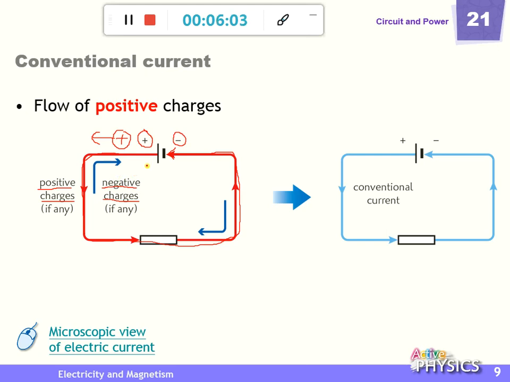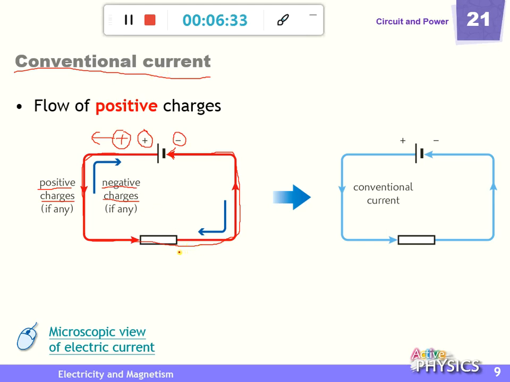This one will be the actual current flow. But because this conventional current has lasted for 200 years, we cannot change it anymore, because if we change it, everything around these 200 years will change consequently. Okay, so finally this current we will call conventional current.